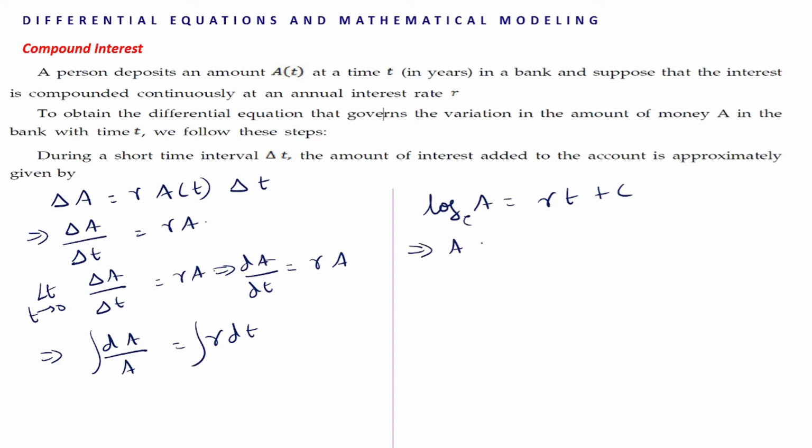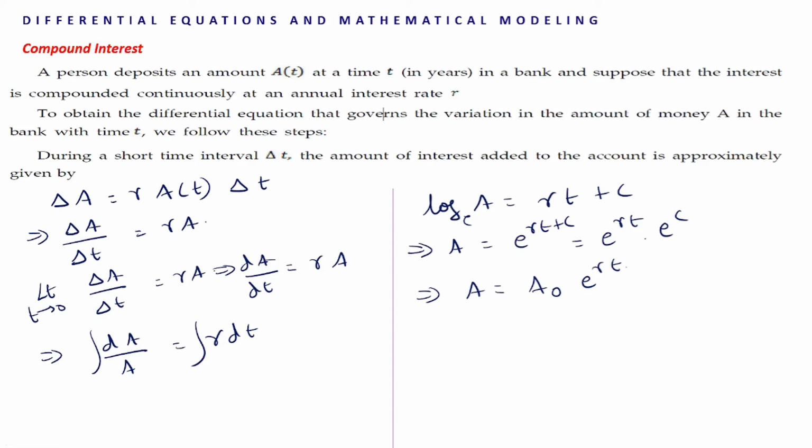So we have A equal to e raised to RT plus C, which is e raised to RT into e raised to C. So A is equal to A naught into e raised to RT, where A naught is the amount that was deposited initially at time t equal to 0. This is how we can use the differential equation to develop the mathematical model for compound interest.